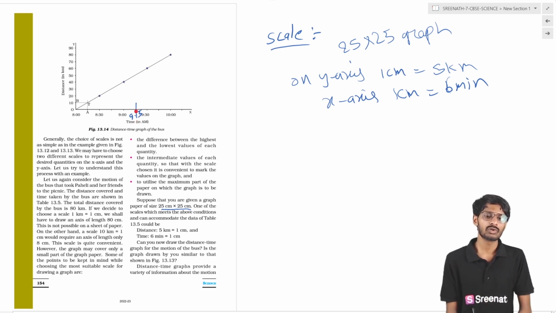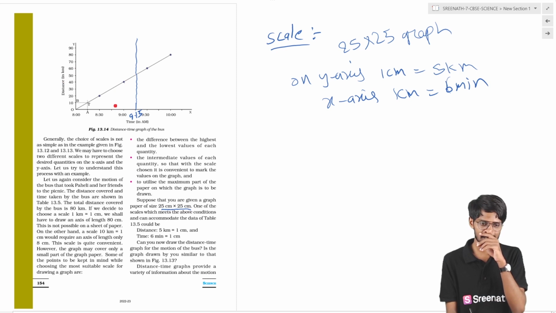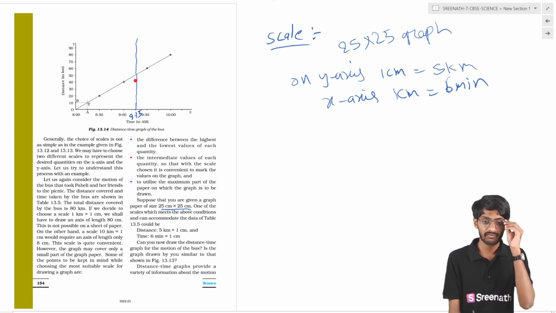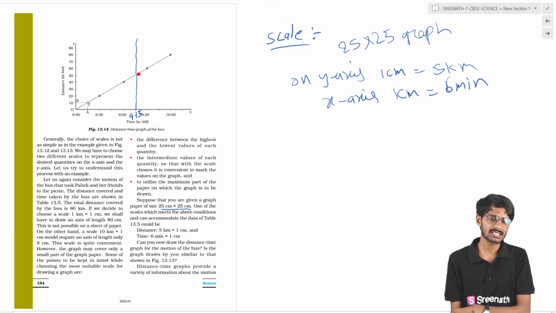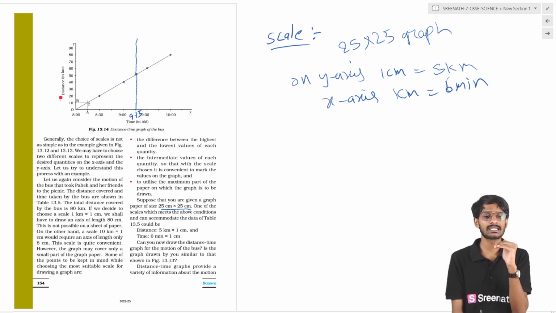What you have to do is draw a perpendicular which is parallel to the distance axis, the y-axis. Wherever it crosses this straight line, at that point we have to draw a perpendicular to the distance axis, which is parallel to this x-axis.